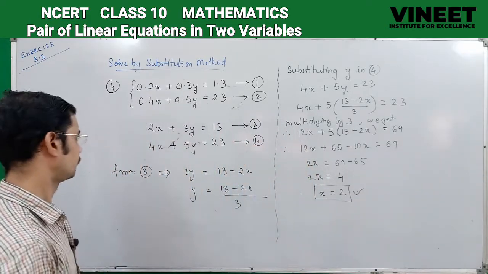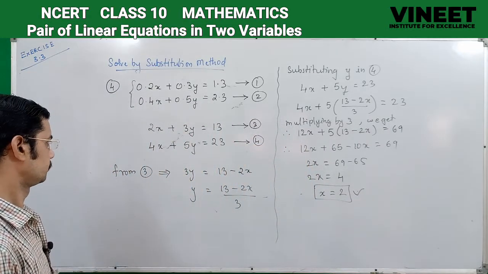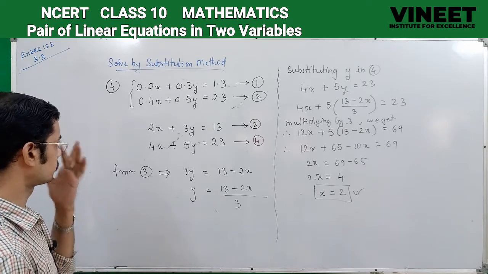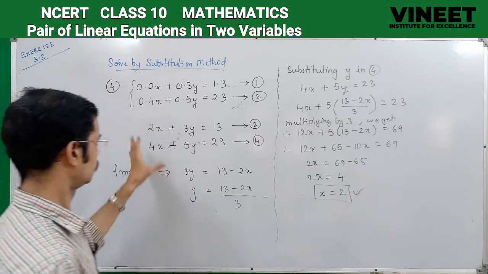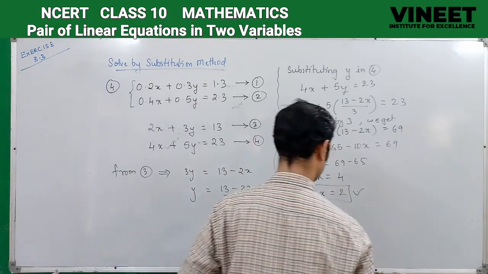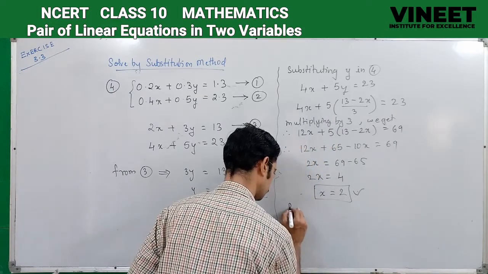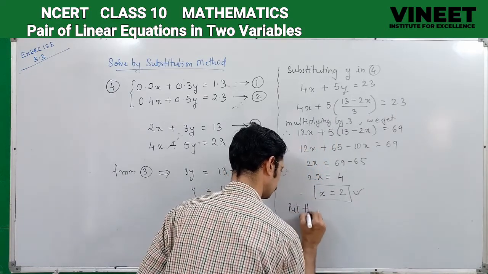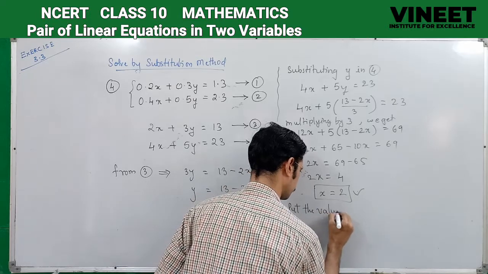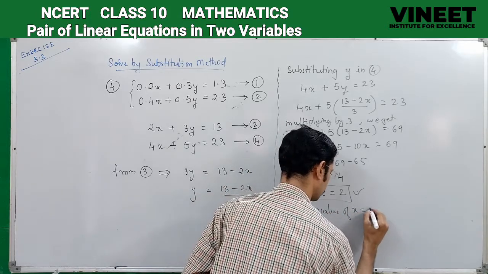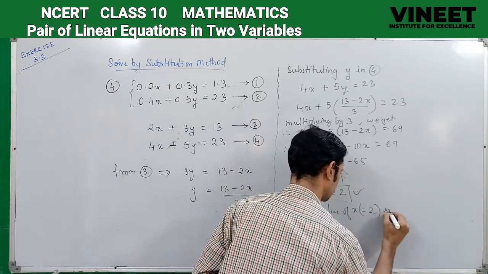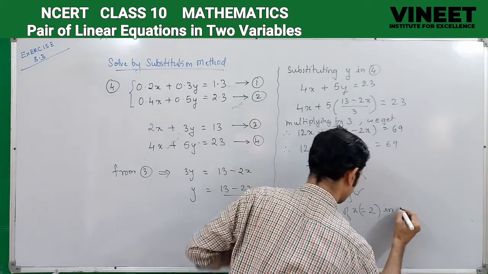Now we will take any one of the equations. We will take this expression, 2x plus 3y equal to 13, and put the value of x equal to 2 in equation number 3.